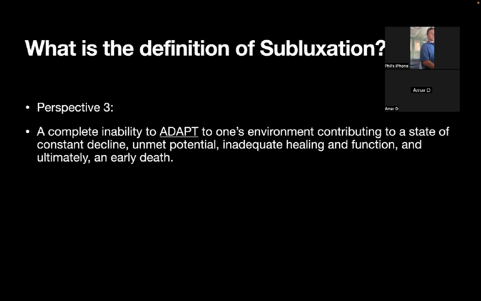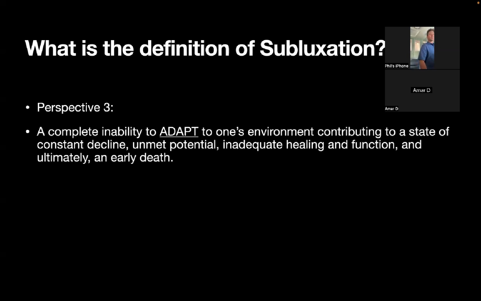So if you see your x-rays, see that there's subluxation in your spine, you have an abnormal curve, you have a scoliosis, you have pelvic unleveling, you have osteophytes, you have disc degeneration, whatever that is, you can choose to ignore it, but realize it's worse tomorrow. And the next day it's even worse. And the next day it's even worse. So either you choose to ignore it and it gets worse, or you choose to get it corrected so it starts improving, starts getting better. So that's perspective 3.